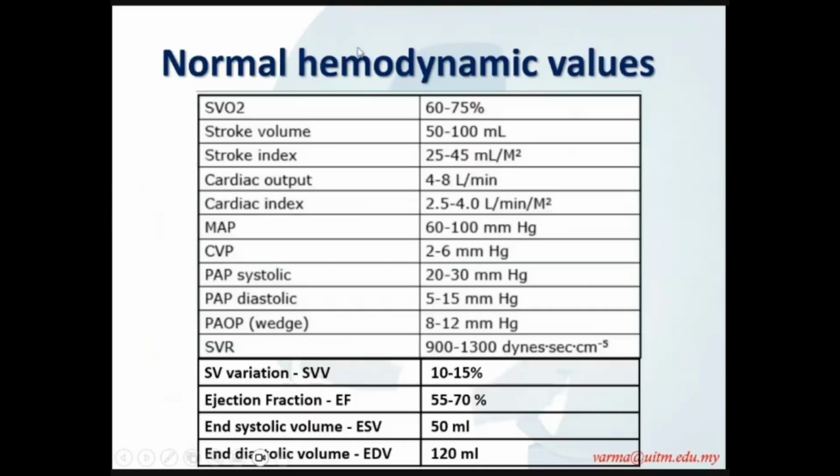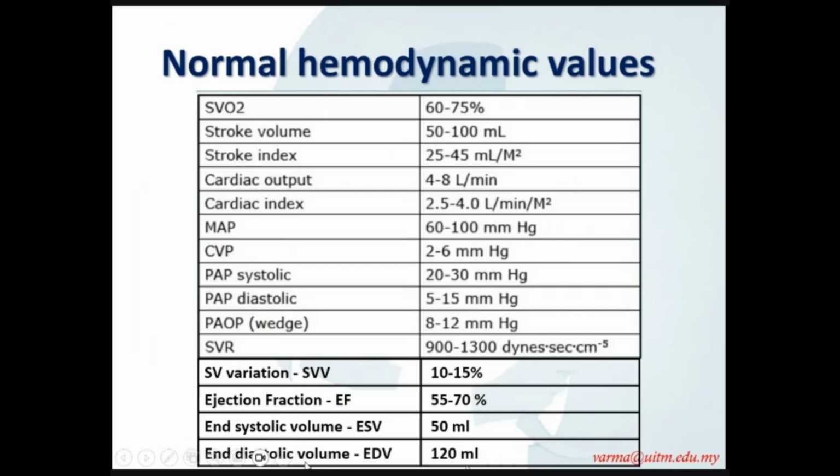Before we go into the topic, there are a few things that you must know. The normal hemodynamic values. Stroke volume is 50 to 100 ml. Stroke volume means how much volume is ejected from your left ventricle, which is end diastolic volume at the end of your diastole when the heart is fully filled, minus end systolic volume after the ejection.